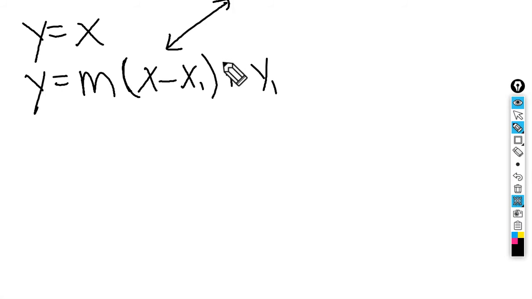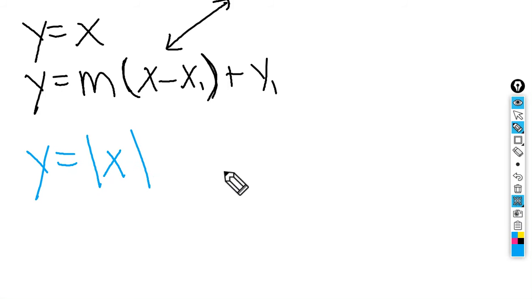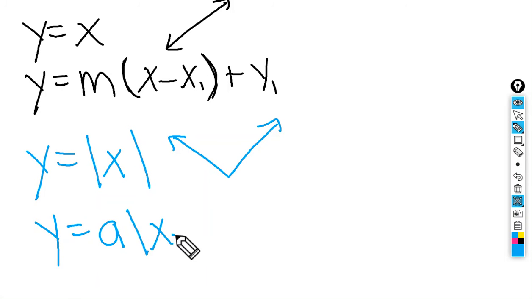Notice that it has parentheses. We are now learning our second parent function, which has the absolute value bars. That's what gives us the V shape. The transformation form for absolute value is this one. So very similar. So what's the difference between them?